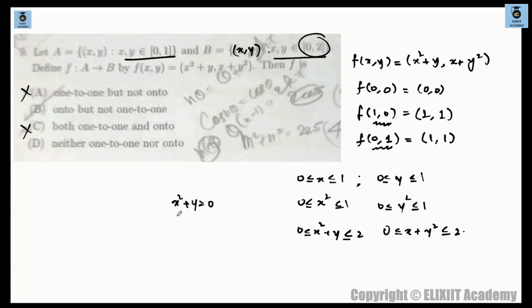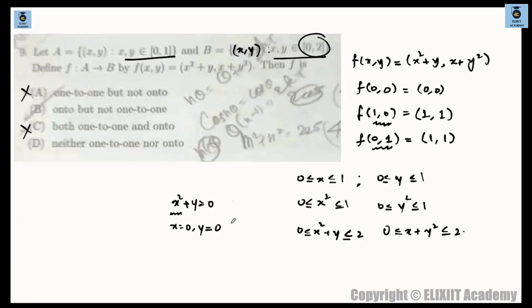So for instance, X square is a non-negative quantity, so the minimum value of this is 0. X square is a non-negative quantity and their sum has to be equal to 0. So this is only possible if X is equal to 0 and Y is equal to 0.